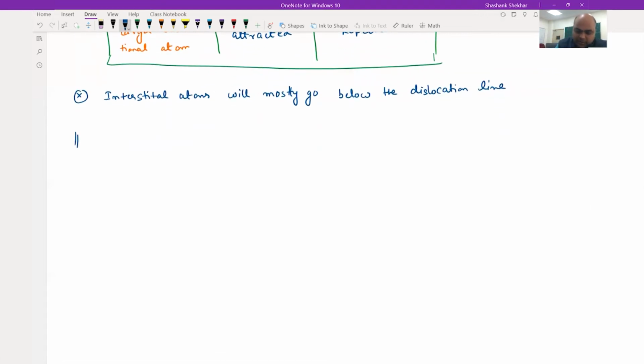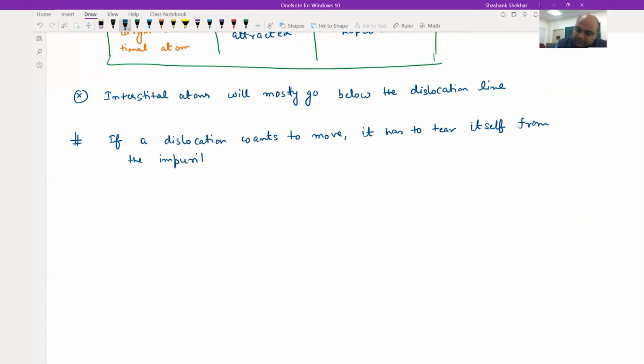Okay, so I can write: if a dislocation wants to move, it has to tear itself from the impurity atoms, and this will require extra energy.